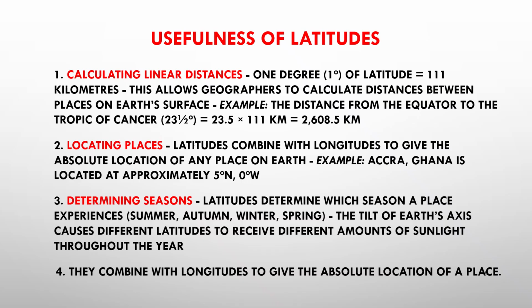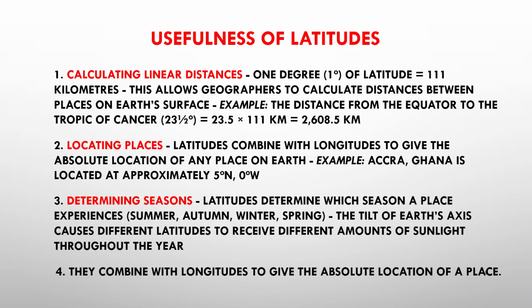For example, in June, the northern hemisphere is tilted towards the sun. So places in the northern hemisphere experience summer. Okay. At the same time, the southern hemisphere is tilted away from the sun. So places in the southern hemisphere experience winter. Then 6 months later, the situation reverses.